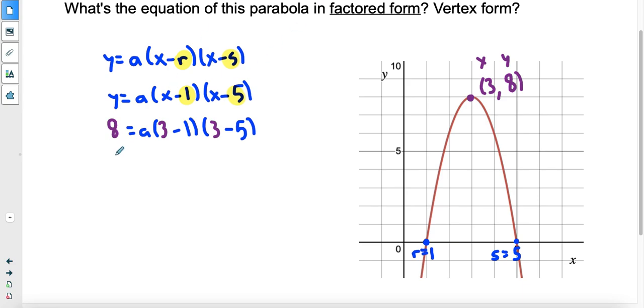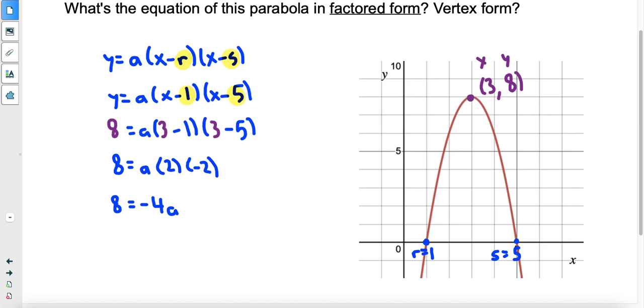Well, let's see. We have 8 is equal to a times 3 minus 1, well, 3 minus 1 is 2, times 3 minus 5. 3 minus 5 is negative 2. Okay, we can simplify this some more. 2 times negative 2 is negative 4, and I'm multiplying that by a, which gives me 8.